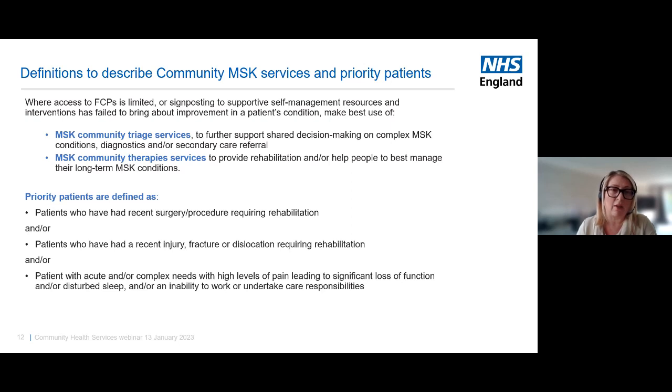We have been clear around community triage and also community therapies as those two functions, and also what we would expect providers of MSK services to be defining as their priority patients: people who've had recent surgery or procedure requiring rehabilitation, patients who've had a recent injury, fracture or dislocation requiring rehabilitation, and patients with acute or complex needs that are experiencing high levels of pain or a significant loss of function that's affecting their daily life. That includes their inability to work or undertake caring responsibilities.